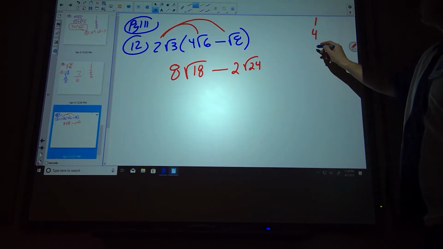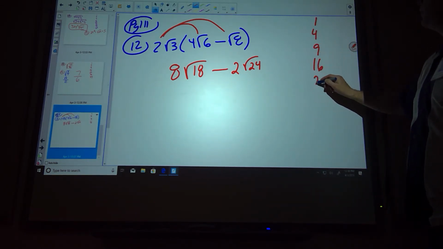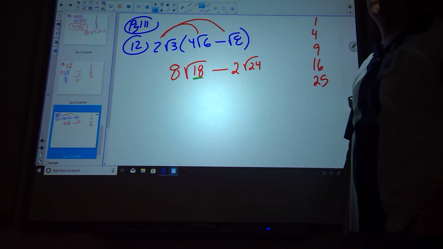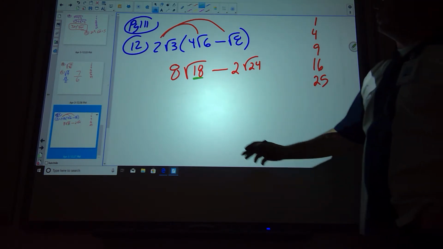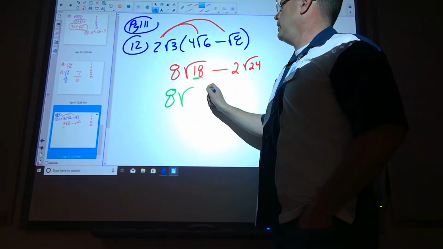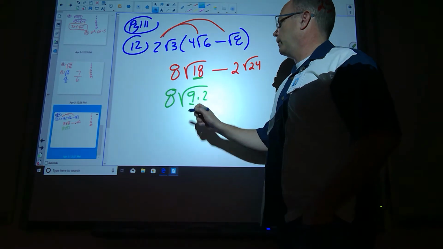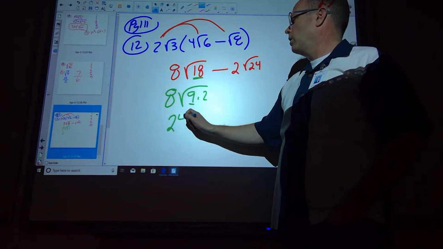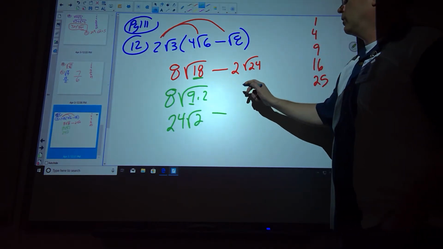So 1, 4, 9, 16, 25. That's as far as I need to go. What's going to break 18 down nicely? 9 and 2. Good. So I get 9 times 2. What's the square root of 9? 3. 3 times that 8 becomes 24. Minus. What about this one?